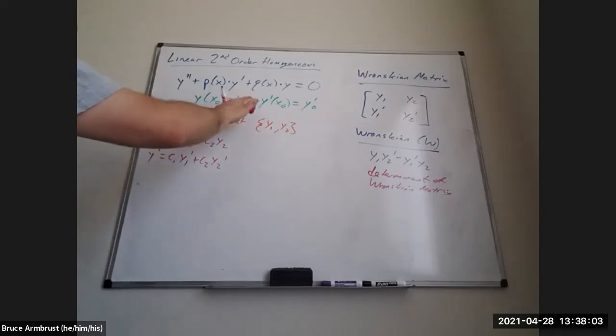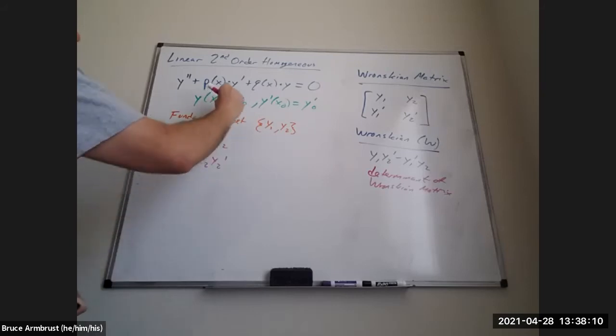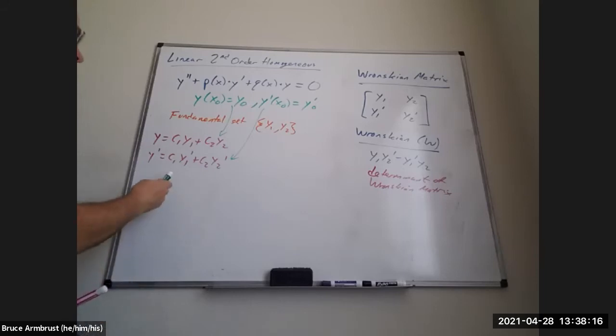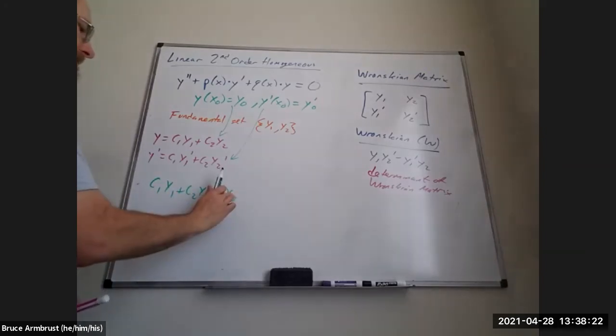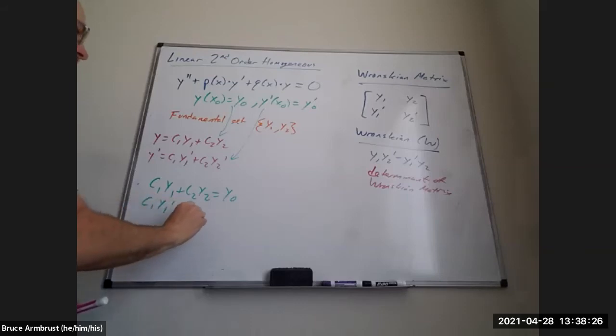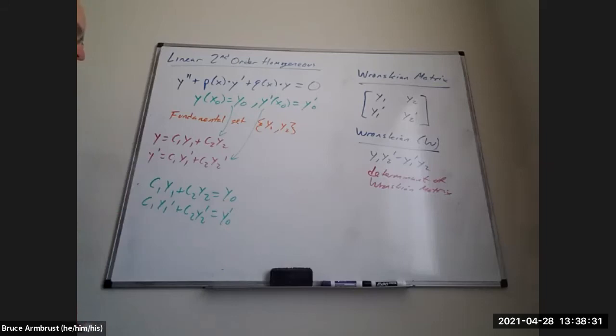Okay, so let's think about our initial condition. If we take those initial conditions and put them in here, that's going to make it so that c1 y1 plus c2 y2 is equal to y naught, and c1 y1 prime plus c2 y2 prime is going to equal y naught prime.